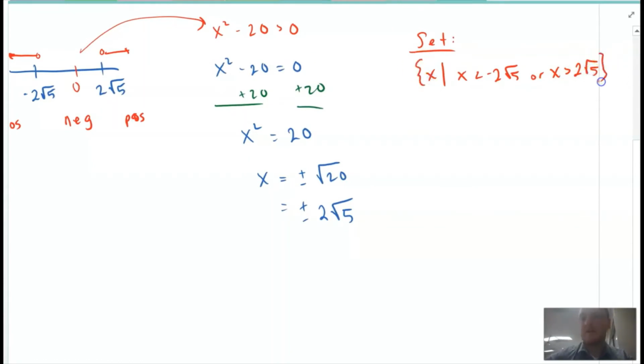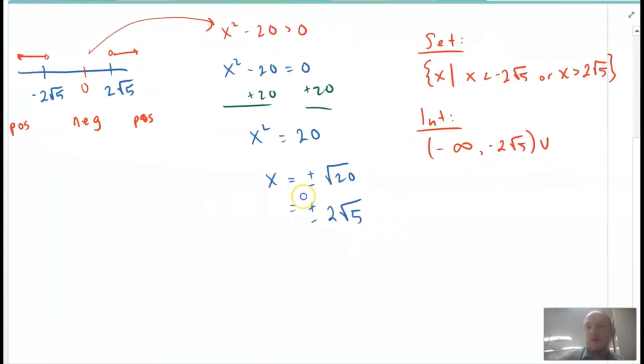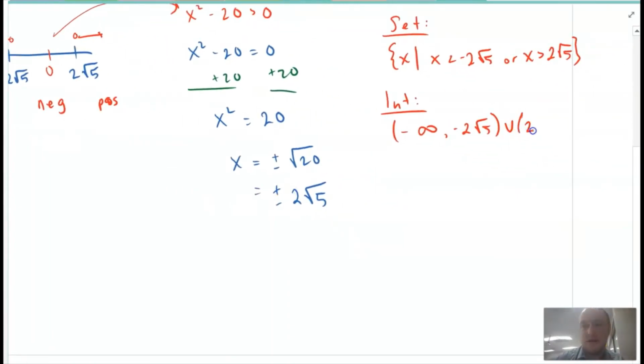Okay, so that's our set notation. And in interval notation, that would be negative infinity to negative 2 root 5, union, right? Now we've got to cover this area. Okay, positive 2 root 5 to positive infinity. Okay. All right.